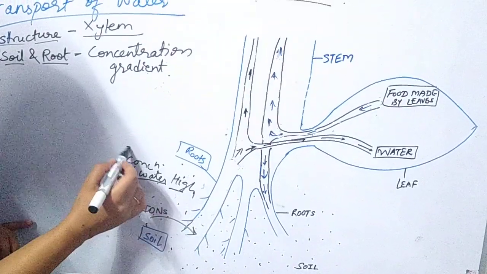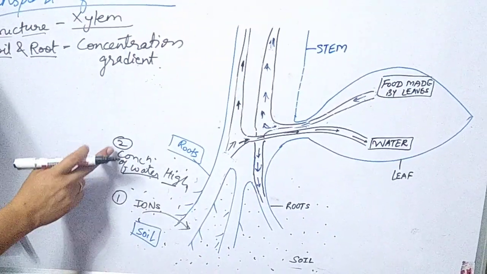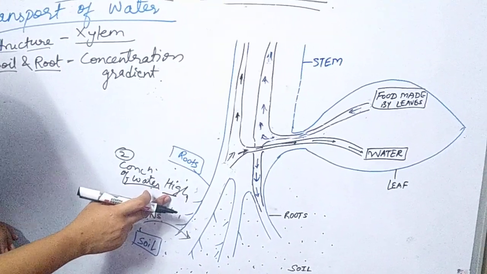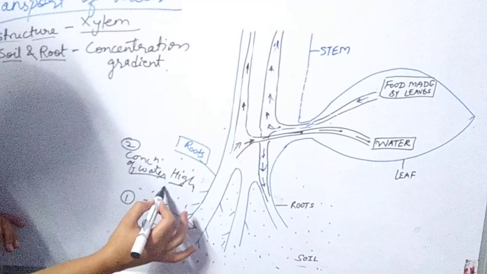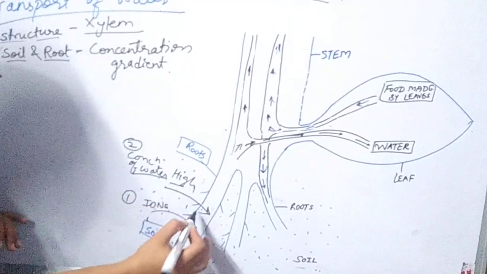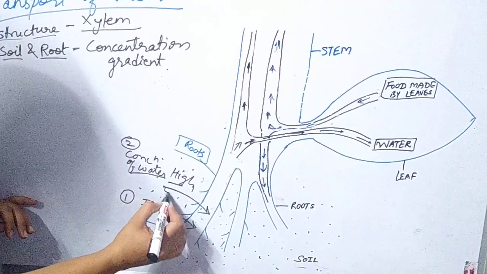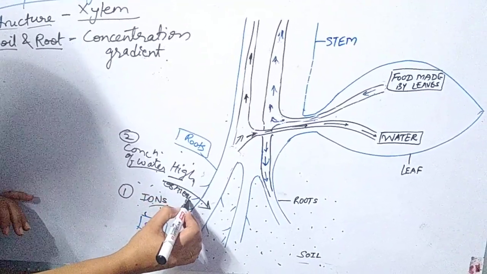I have marked it as the second step. When the concentration of water becomes high, this water diffuses inside along with the minerals into the root hairs by the process of osmosis.